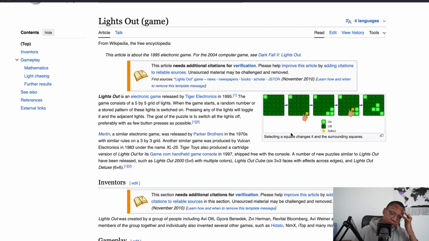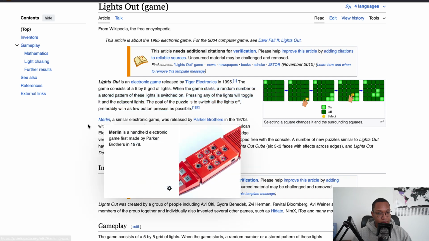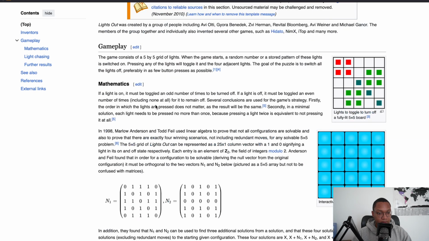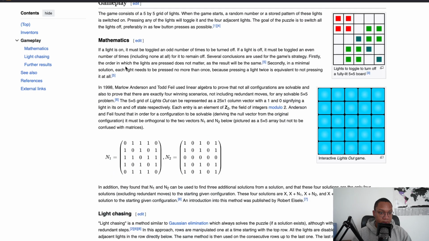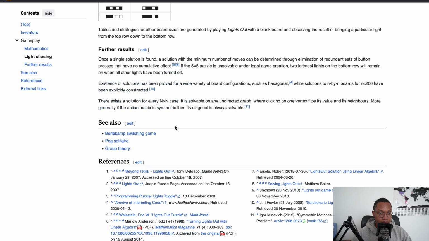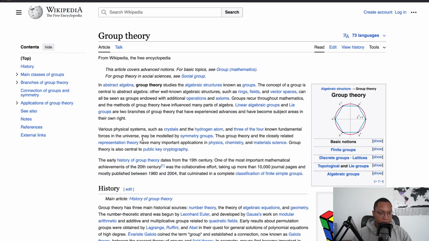It's where you press a button and it turns off the ones that are around it. And it's a math problem. Group theory.